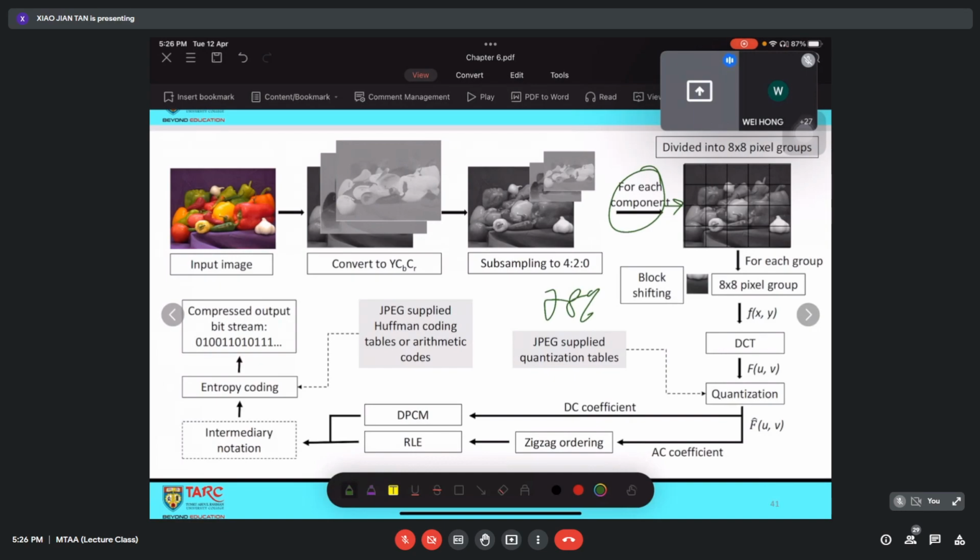You might have error. So later on, we convert it to 8 times 8 pixel groups. This is not because of the Nyquist theorem; JPEG simply says this has a better trade-off between quality and time taken. Later on you perform block shifting.